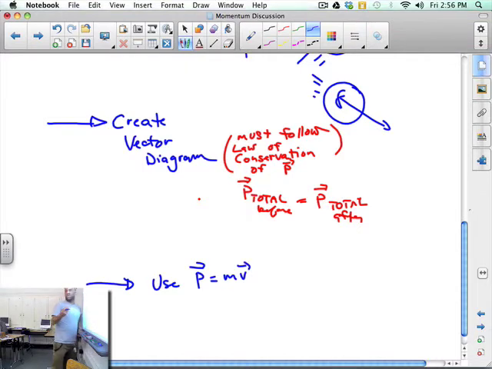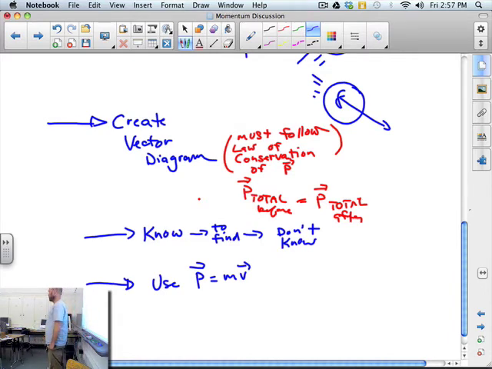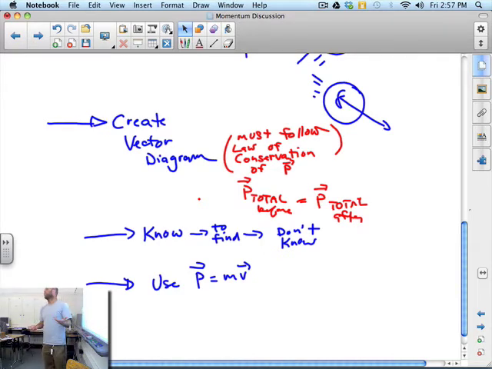And that's just the definition of momentum. Before that, could I say in general that you use what you know to find what you don't know? I mean, that's always going to be true. So you just find everything you don't know from what you know in any problem? Well, it's not always easy to figure out what you know and what you know from what you know, but that's essentially what we're always doing.